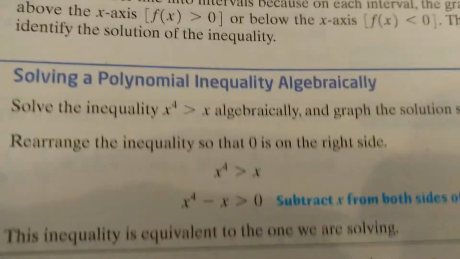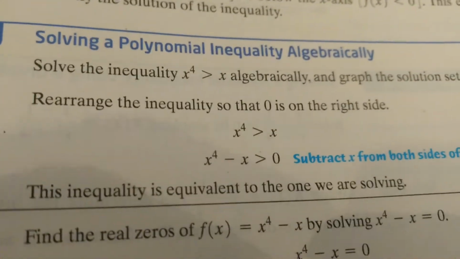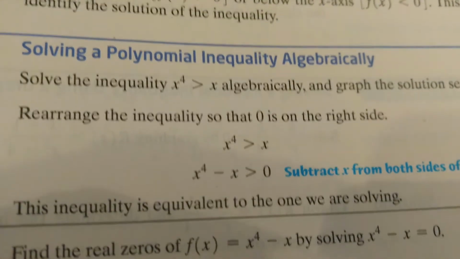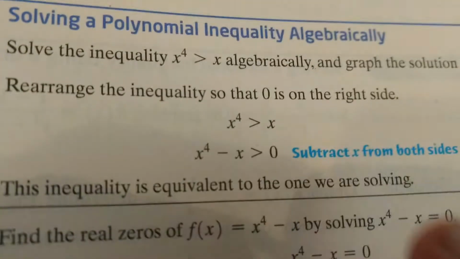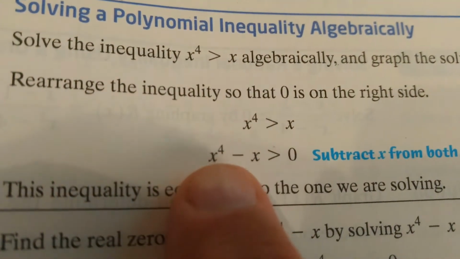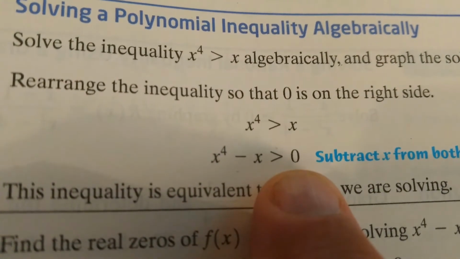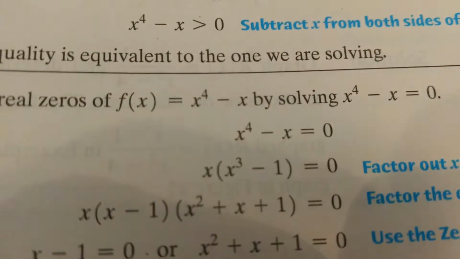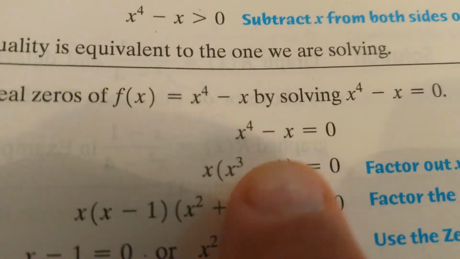Now, this is solving these problems algebraically. In this one, we have x to the 4th greater than x. The first thing we do is subtract the x over, so we have x to the 4th minus x greater than 0. Then we're going to factor this. We factor out an x.